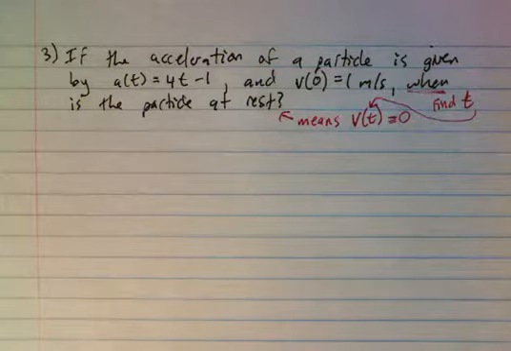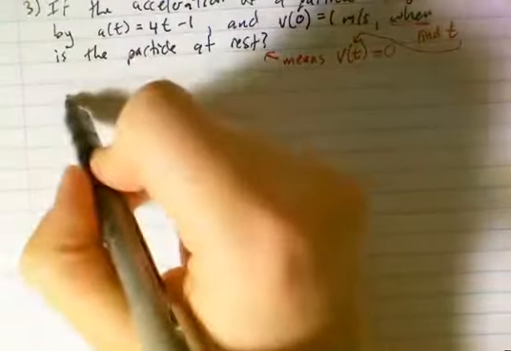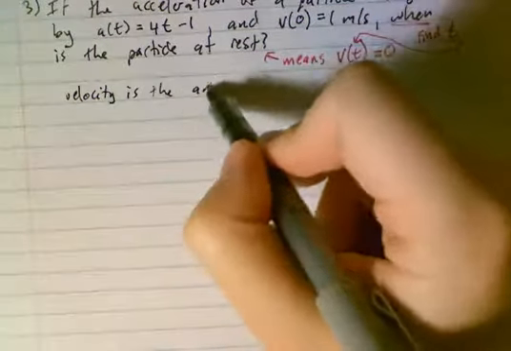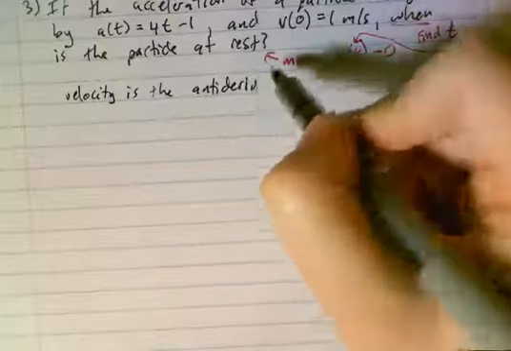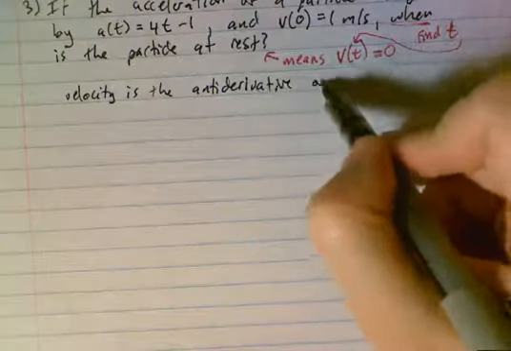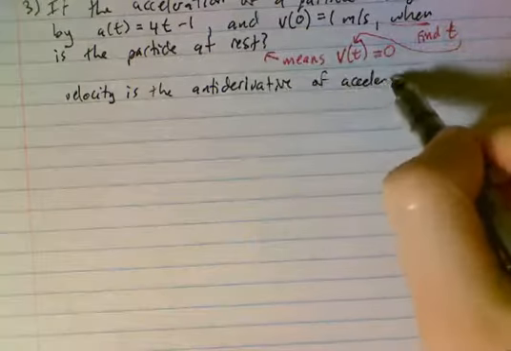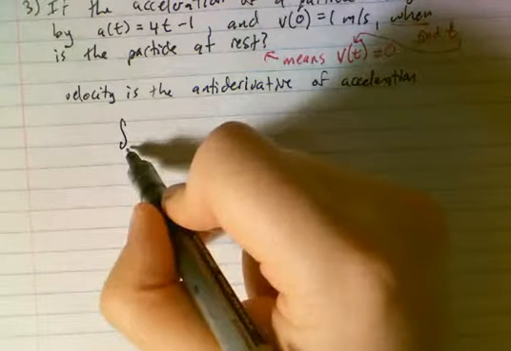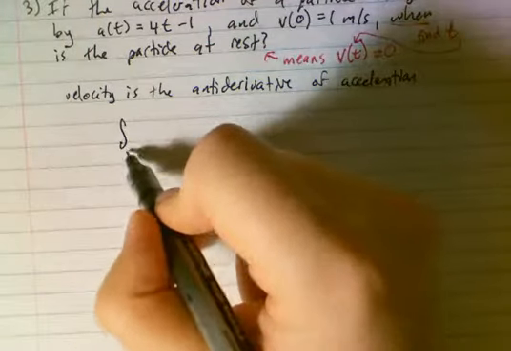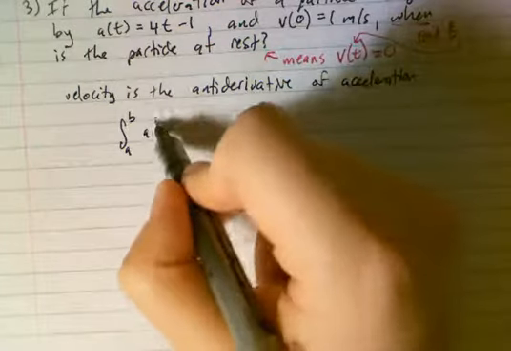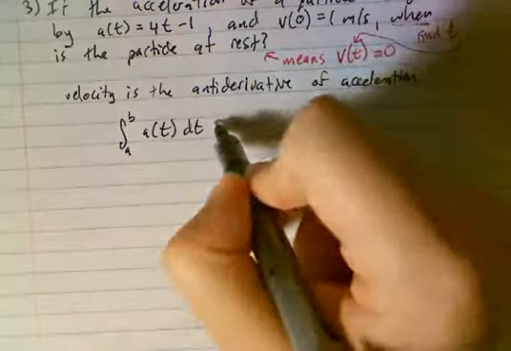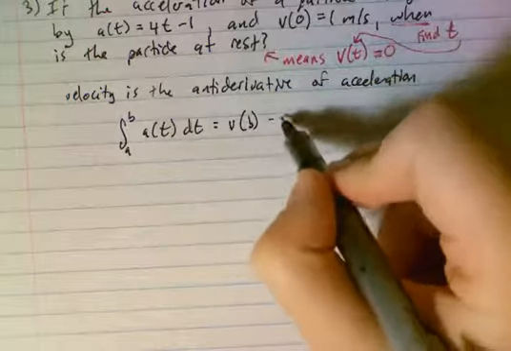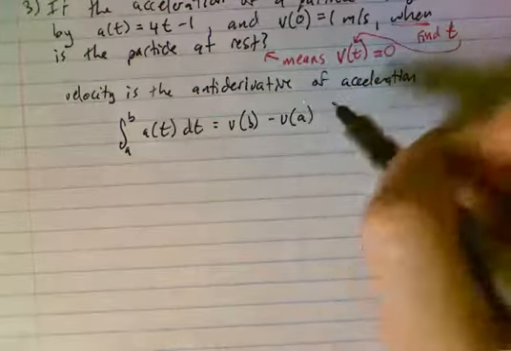Because velocity is the antiderivative of acceleration, that means the integral from a to b of a of t dt is velocity at one time, that top time, minus velocity at that other time.